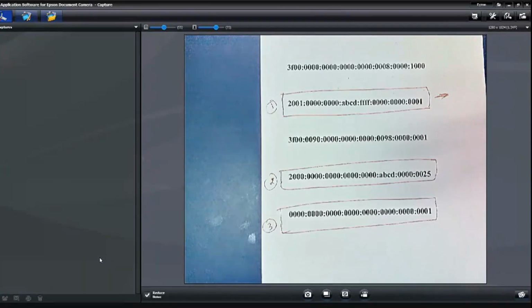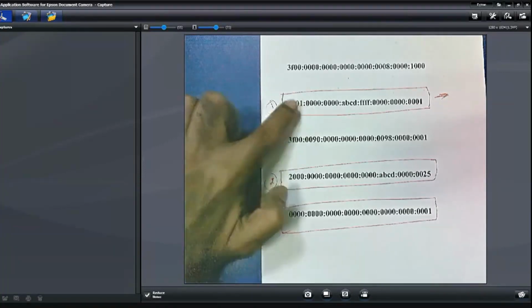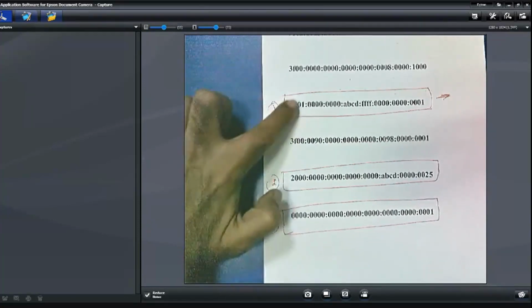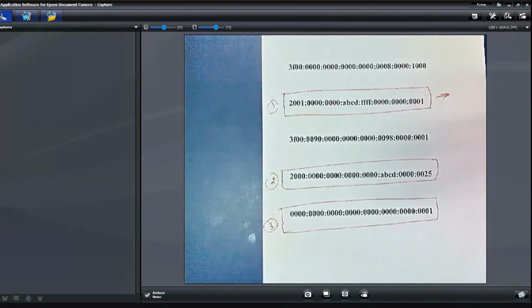For the first one, I need the answer for the first one. Apply both and give me one answer. It should be a single answer. You cannot give two answers. For the first one, you can give only one answer after applying both the rules. I want this first.